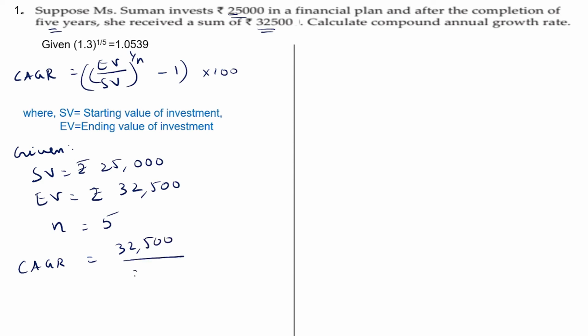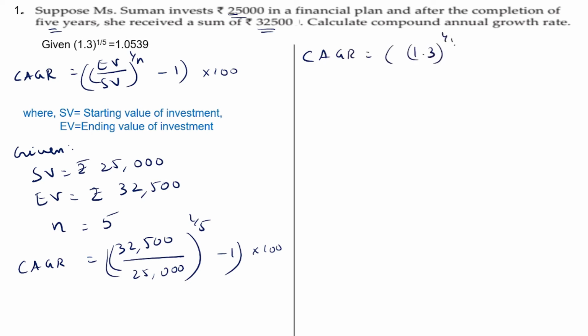So we have compound annual growth rate as 32,500 upon 25,000, the whole raised to 1 by 5, minus 1, into 100, substituting all the values in the formula. When we simplify, we get 1.3 the whole raised to 1 by 5 minus 1 into 100.